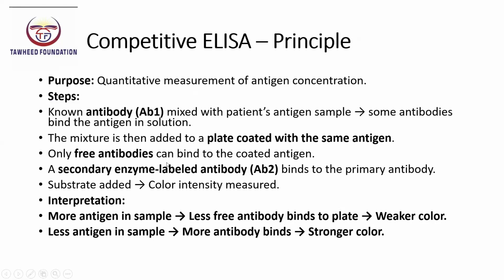Only free antibodies bind plate antigen. Secondary enzyme labeled antibody binds primary antibody and substrate is added, which is then color measured. Interpretation: more antigen in sample, less free antibody binds, that means weaker color. Less antigen in sample, more antibodies will bind, it means stronger color.